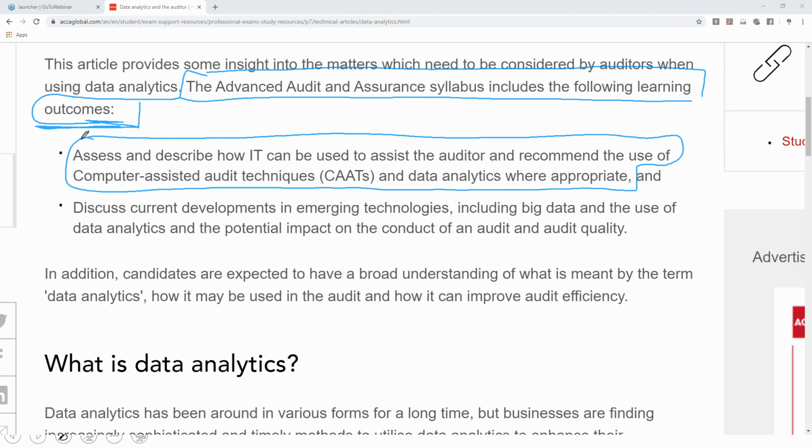And the second, discuss the current developments in emerging technologies, including big data and the use of data analytics and the potential impact on the conduct of audit quality.